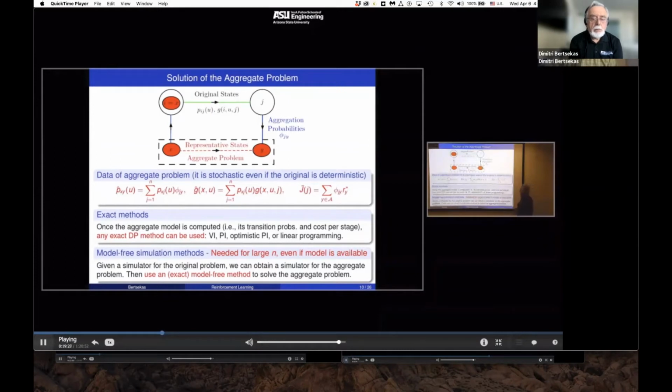So I can use this simulator to obtain an exact model-free method based on the simulation. Notice here the use of the term model-free. I intentionally stayed away from a sort of colloquial use of the term. For our purposes, model-free means that you're using simulation. It doesn't mean that you don't have a model. Here we may have a model, but we may use a model-free method anyway, okay?